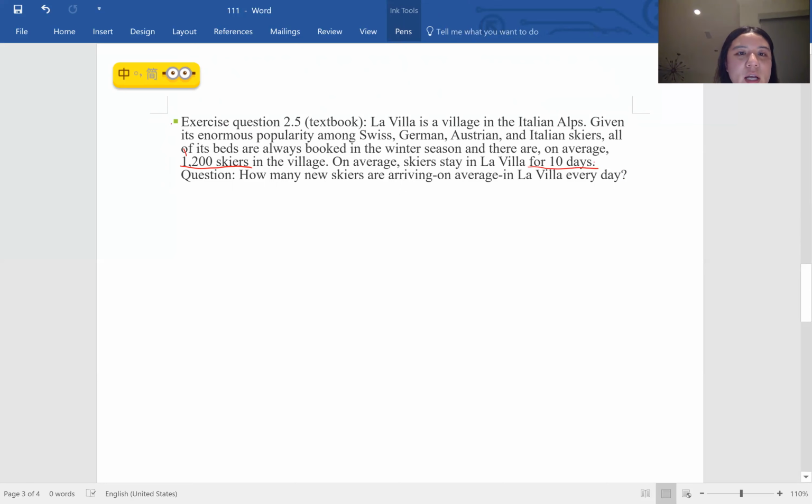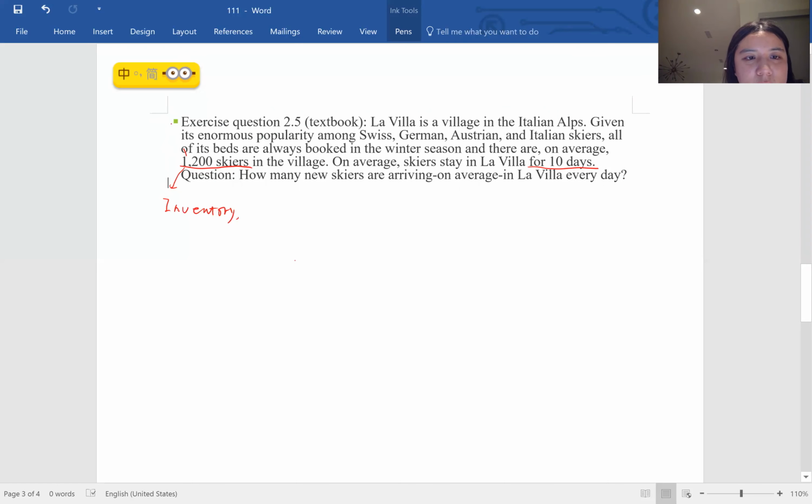So the first question, how many new skiers are arriving on average in La Villa every day? For this one, we can also use Little's law. In this problem, the 1,200 skiers act as the inventory, because the resort is always fully booked, and there are 1,200 skiers in the village.